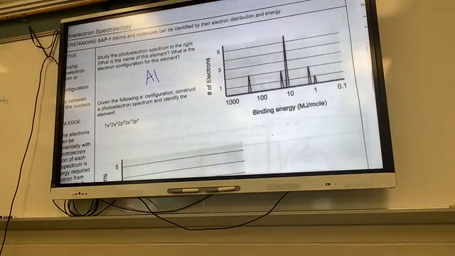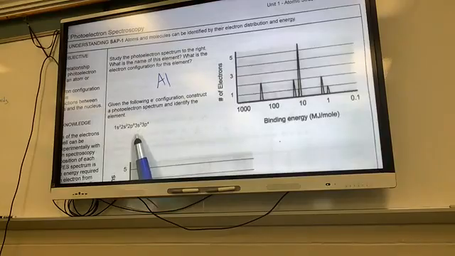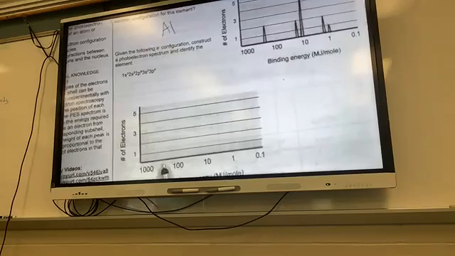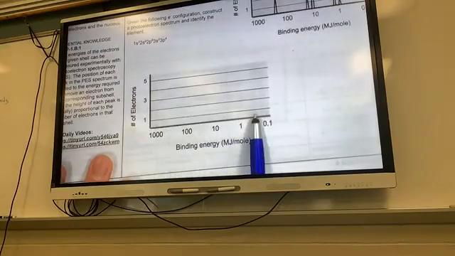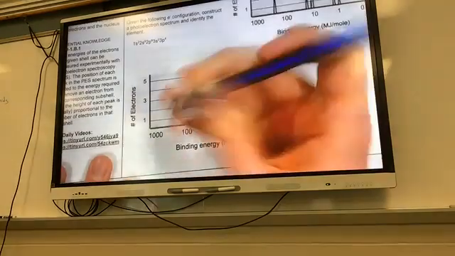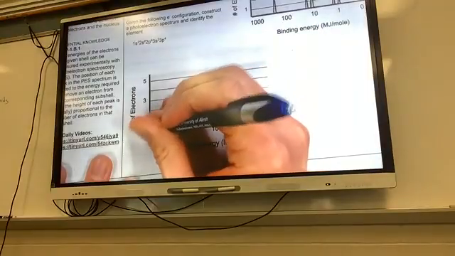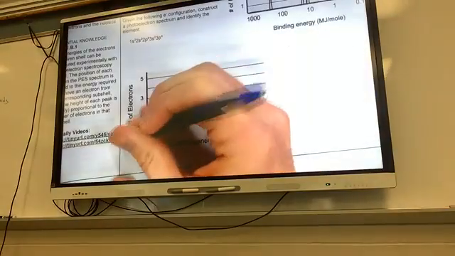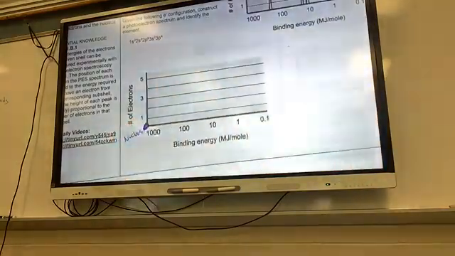Given the following electron configuration, construct a photoelectron spectrum down here. First of all, remember, why do these numbers go down on the bottom? What does this represent on my axis? The nucleus. So don't forget, that is your nucleus.